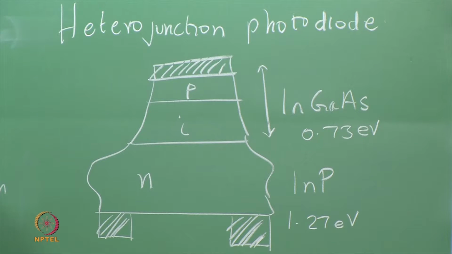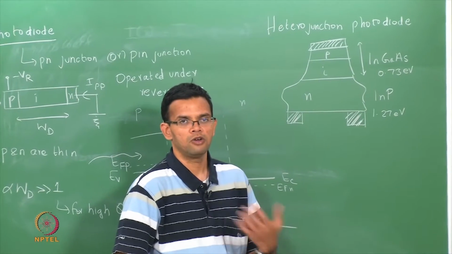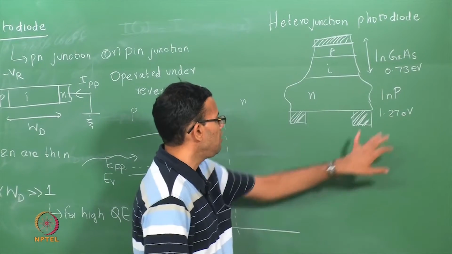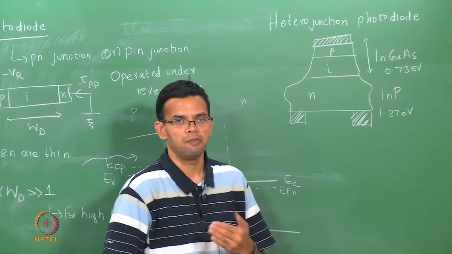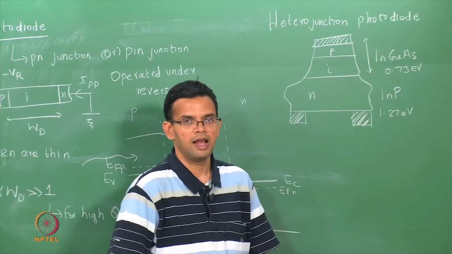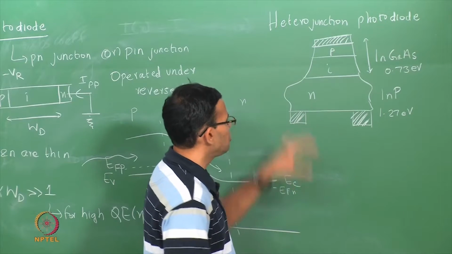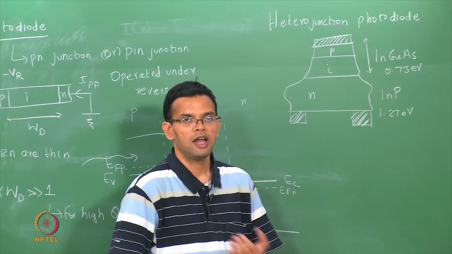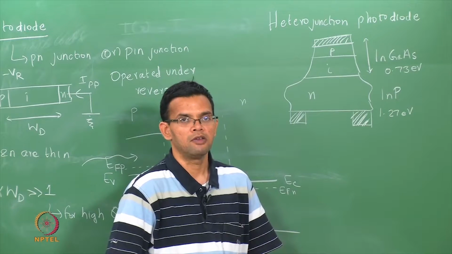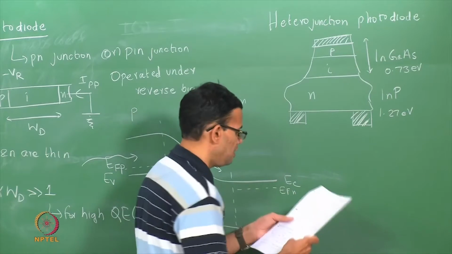The advantage of the heterojunction device is that in the case of a regular PIN, the P and the N regions should be really short in order to not absorb the light. But here, since indium phosphide has a higher band gap, wavelength whose energy is less than this will have very little absorption in the indium phosphide, so that the thickness of the N layer does not have to depend upon the wavelength of the light. You can have a thicker N layer than what you normally have in a regular PIN device.